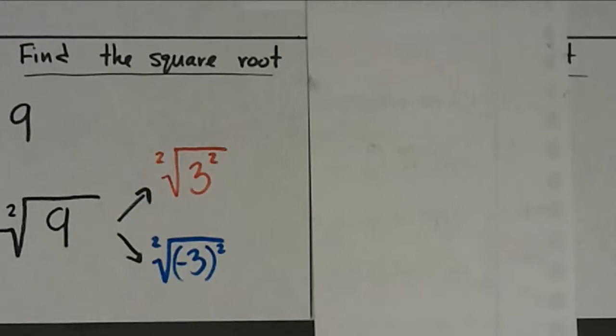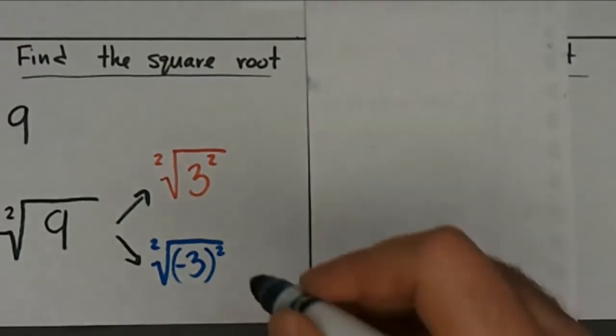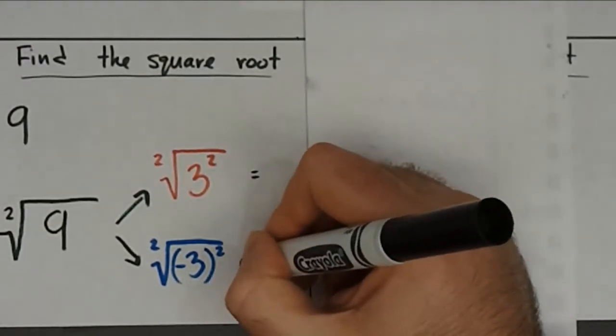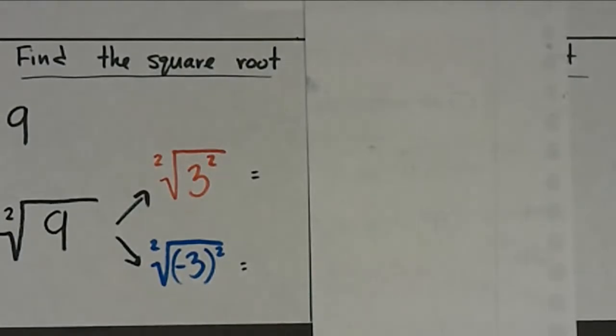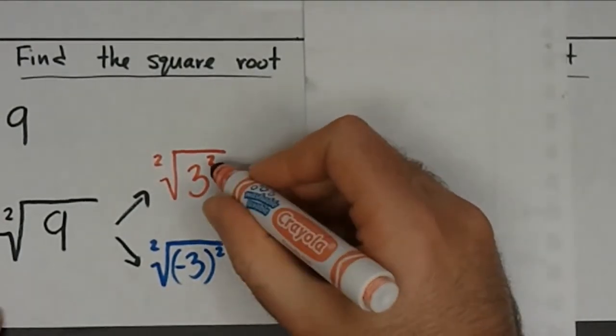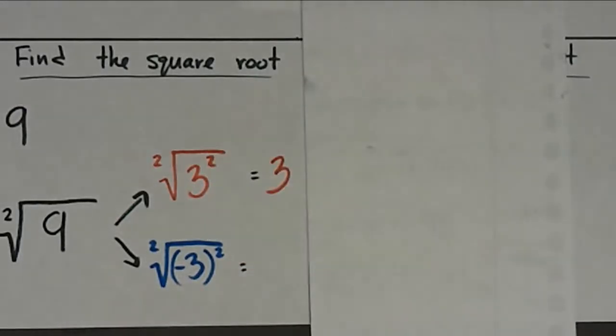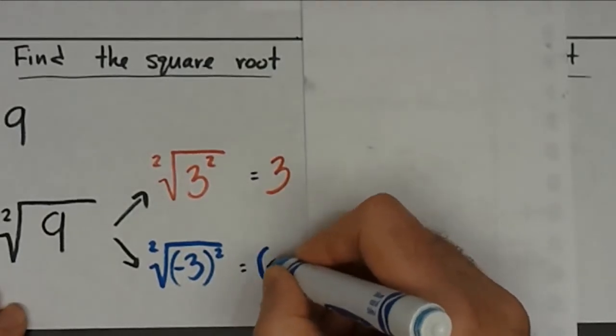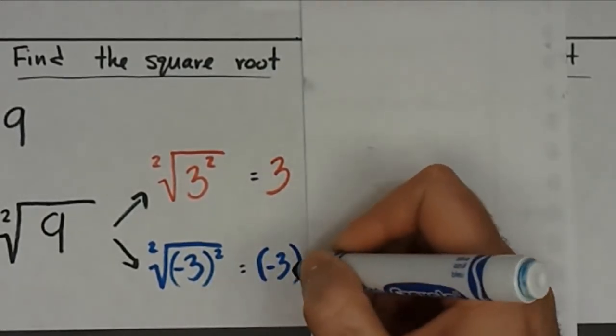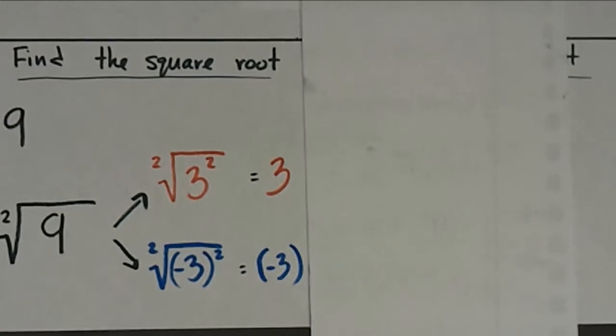So what would be my 2 possible square roots to this problem here? Well, on the top there, it would be just a 3, because the exponent of 2 and the radical of the second power cancel each other out. And down here, it would be negative 3. So I have 2 possible solutions. Both of these would work. Both 3 and negative 3 are valid answers.